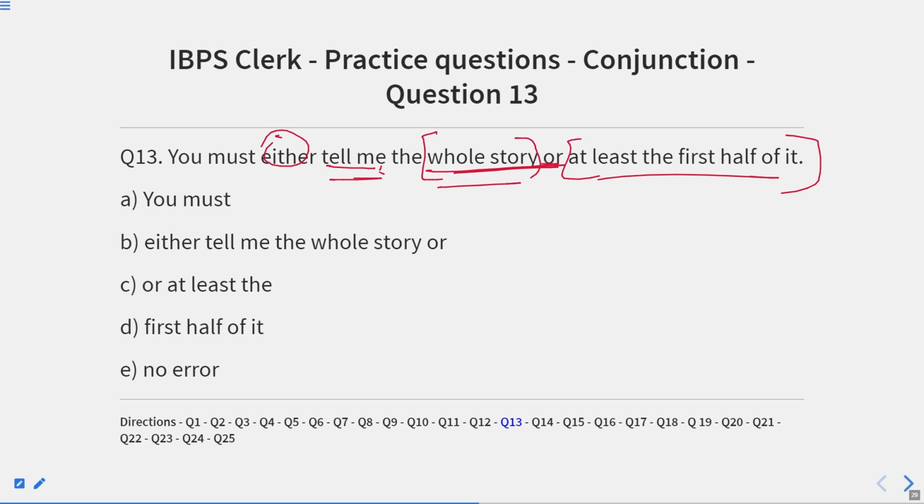Tell me is not an option. Whatever happened, you have to tell. What do you have to tell? Either the whole story or the first half of it. So here the position of the word either is incorrect. It should be after tell me. So the correct sentence will be, you must tell me either the whole story or at least the first half of it.